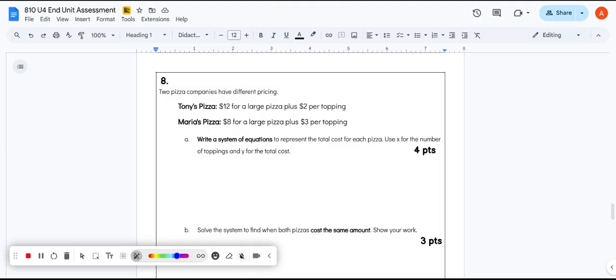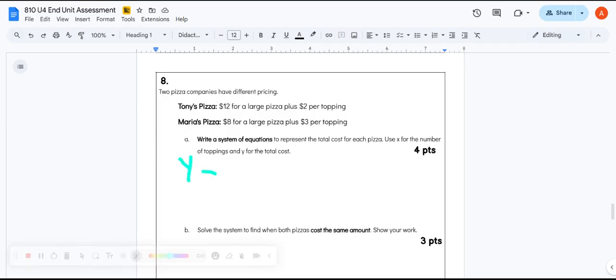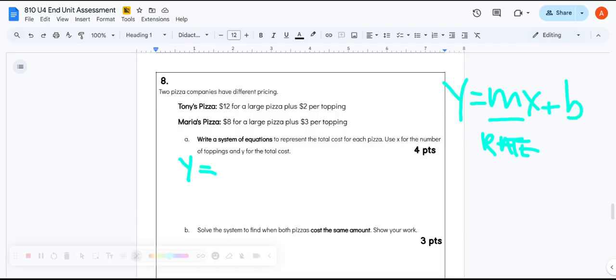All right, so I'm going to make my new equations here. And just like we did in the last one, remember, we had M is your rate and B is your start. So if I think about this, I see the $2 represents the cost per topping, which is my rate.